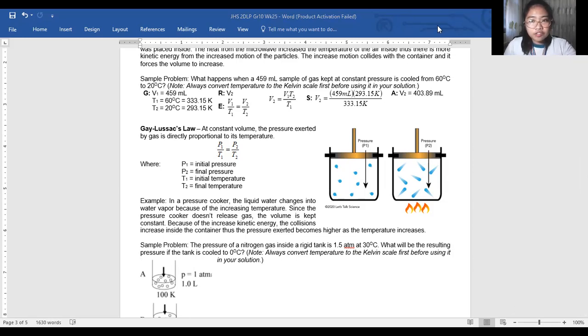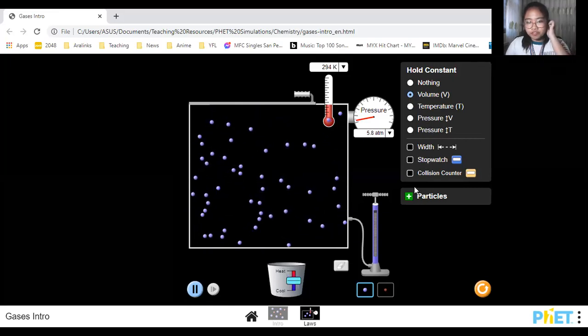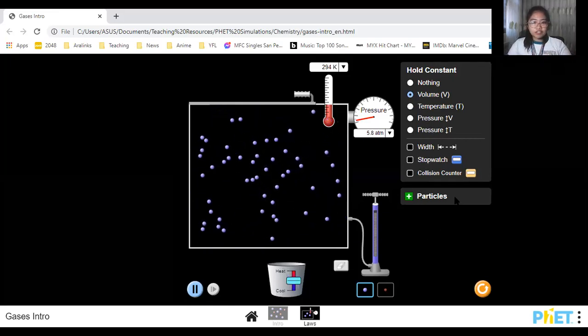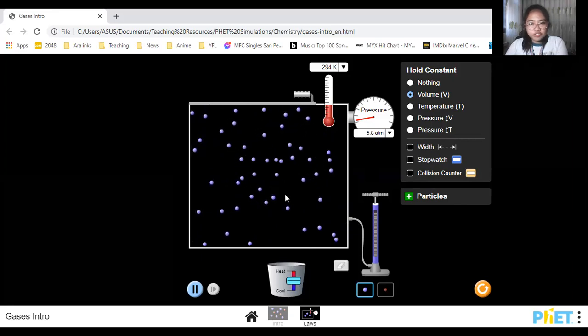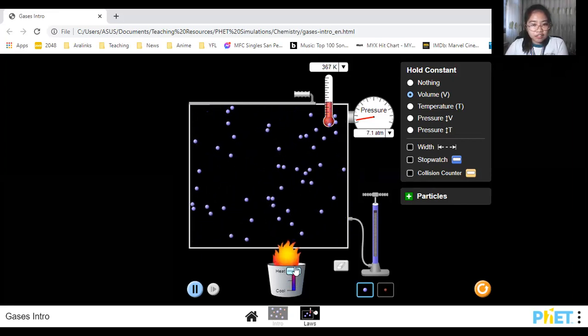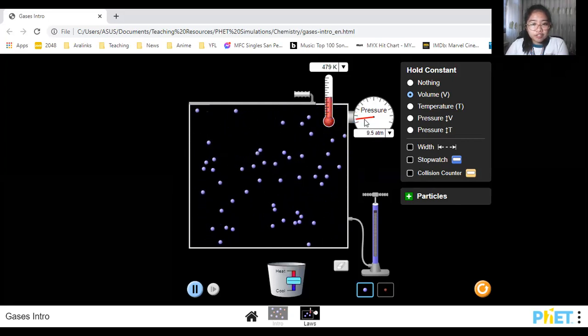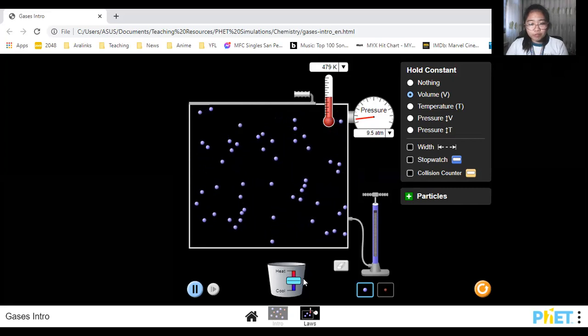Okay? So, ano nga yun? Constant volume. Okay, so gawin natin yan. Constant ang volume, so titignan natin kung ano mangyayari sa pressure tsaka sa temperature. So, dagdagan natin. Kung napapansin nyo, 479 Kelvin, naging 9.5 atmosphere.